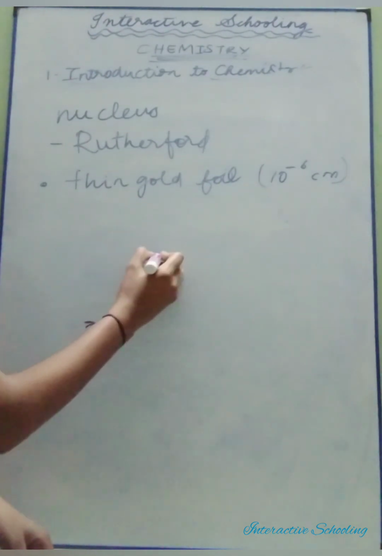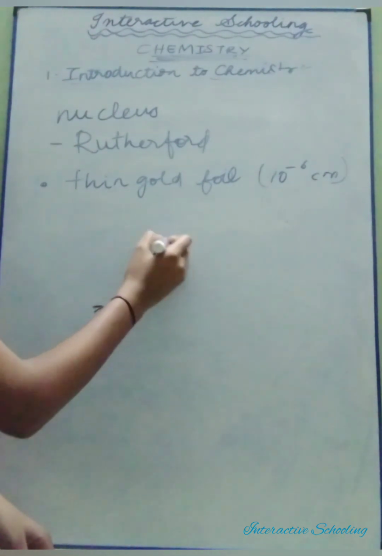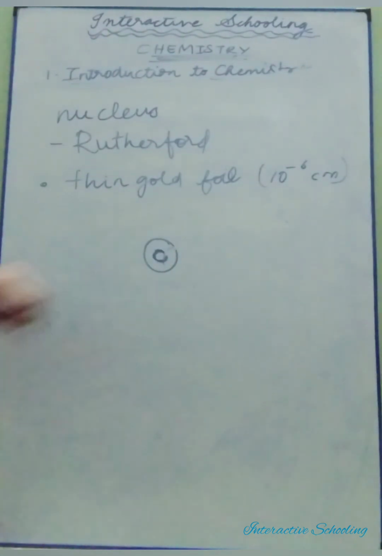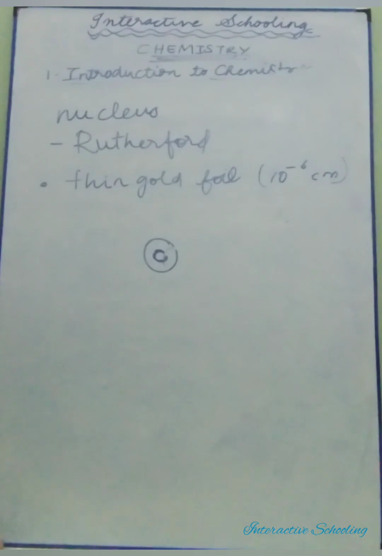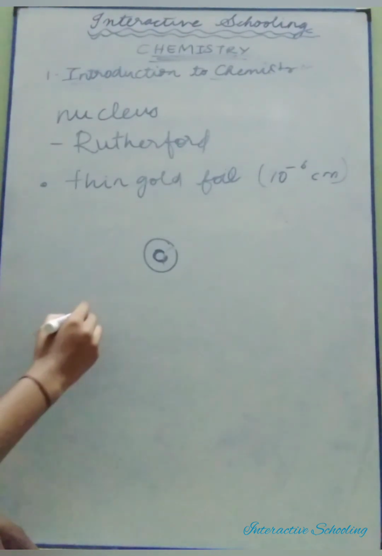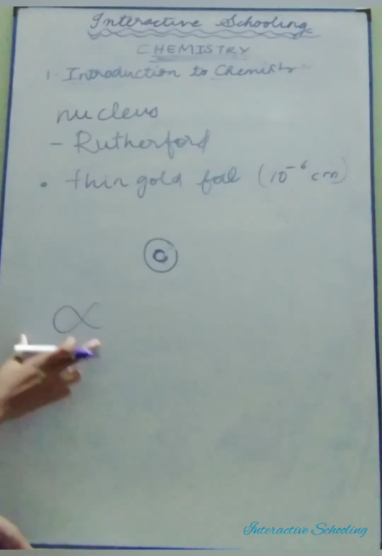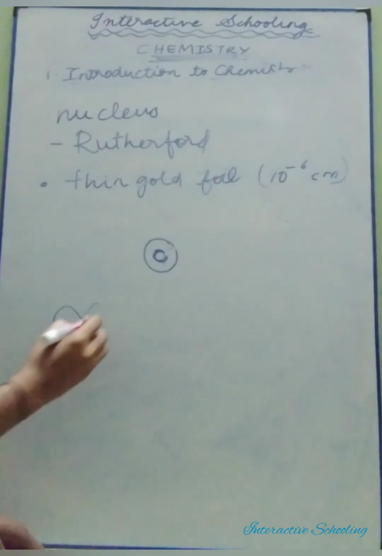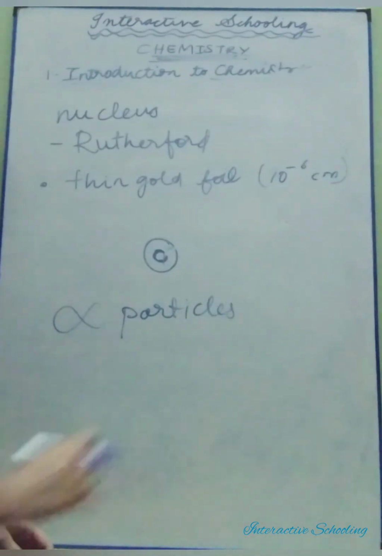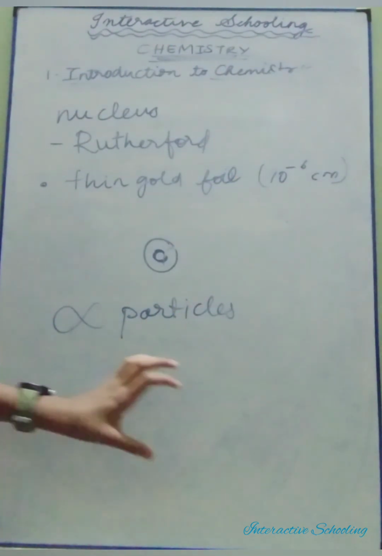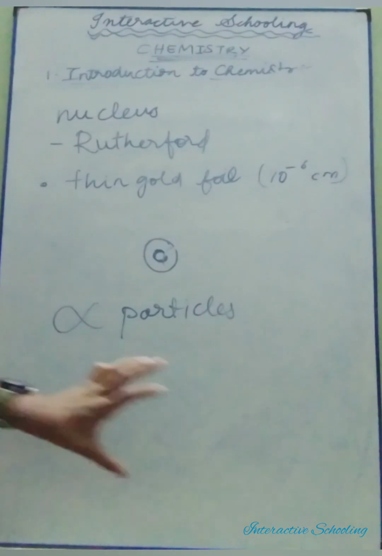Let's say for example, this is an atom of the gold foil. What he did was, he scattered some alpha particles. This symbol denotes alpha, it's a Greek letter. So alpha particles, what are they? They are helium dipositive ions.